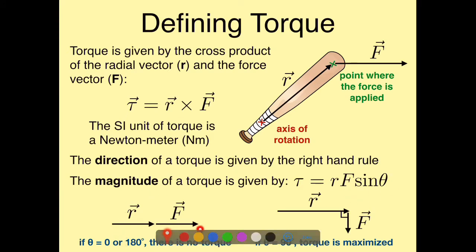So in those two cases, you're going to get no torque. On the other hand, how do you get the largest possible torque? Well, sine of 90 degrees gives you 1, which is the maximum possible value of that. So if we have a 90-degree angle, a right angle between the r and the F vectors, we get the largest possible torque. Torque is maximized in that case.